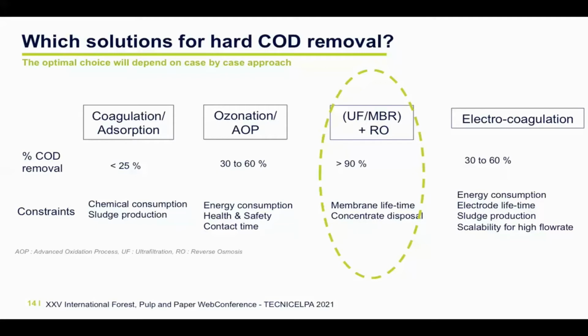In each, we have reached different removal rates and had to consider different pros and cons. By far, the membrane solution, the MBR, eventually coupled with RO, is the one that leads to the highest COD removal in many cases, with complex effluents, we're talking about 92, 94%.